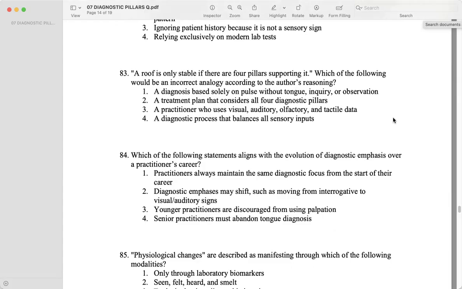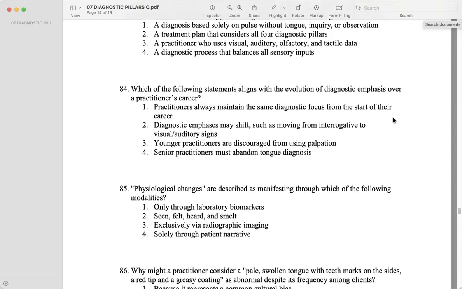Which of the following would be an incorrect analogy according to the author's reasoning? A diagnosis based solely on pulse without tongue, inquiry, or observation. Yes, this is true. If you just use the pulse and ignore all the other pillars, that's also budol, okay?